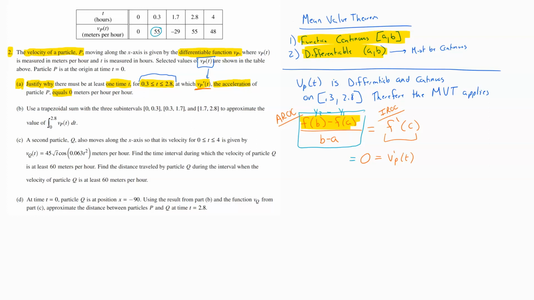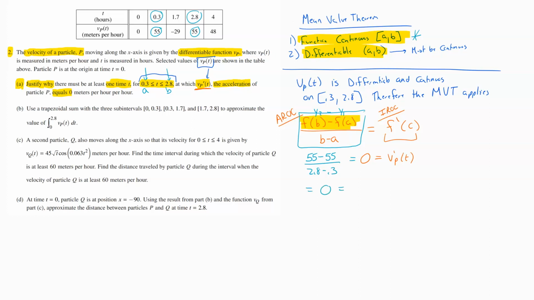Sure enough, 55 and 55 are happening conveniently at the x values we cared about, which are 0.3 and 2.8, the endpoints, the a value and the b value that we were talking about in that definition. So what we then say is that 55 minus 55 over 2.8 minus 0.3, we know that that equals 0.